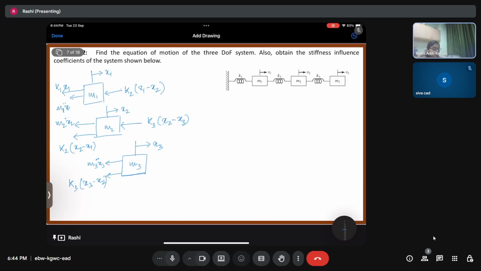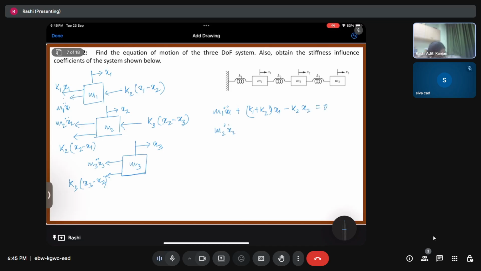Now, using this, we can write the equation of motion. It is going to be m1 x1 double dot plus k1 x1 plus k2 x1, so plus (k1 plus k2) x1 minus k2 x2 is equal to 0.